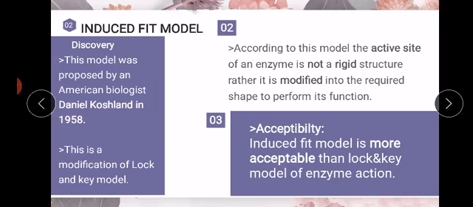Now after the proposition of the induced fit model, this model is more acceptable than the lock and key model, because it says that the active site is not a rigid structure, which has definitely been observed via different processes. So the induced fit model is more acceptable than the lock and key model of enzyme action.